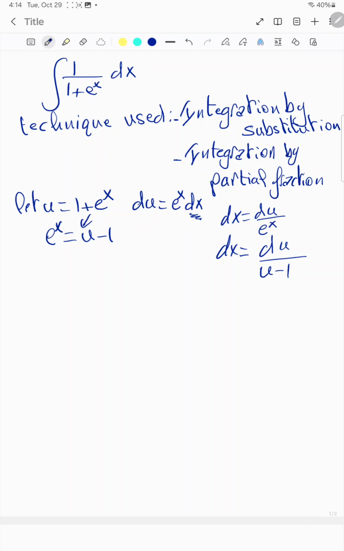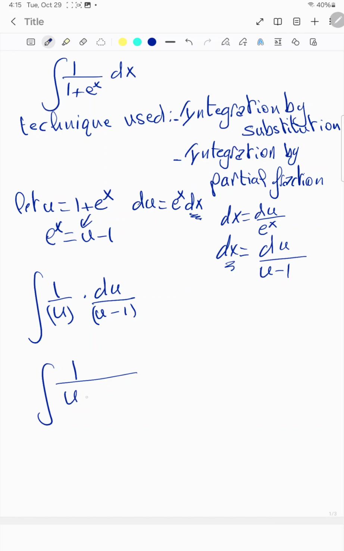Now if I rewrite my integral, it becomes the integral of 1 divided by u, and instead of dx, I replace it by du divided by u minus 1. So my integral will become the integral of 1 divided by u times u minus 1 du.